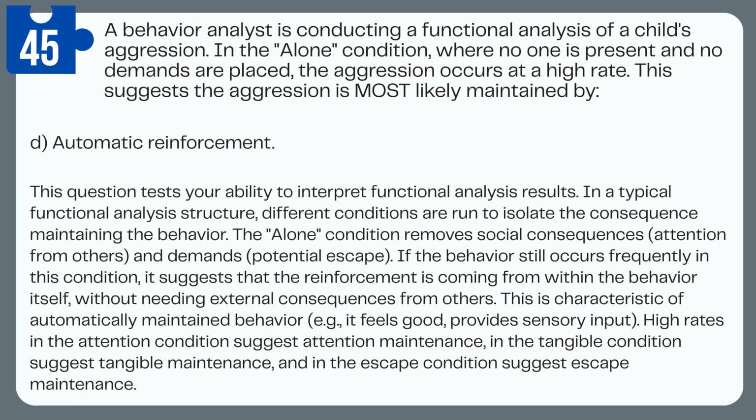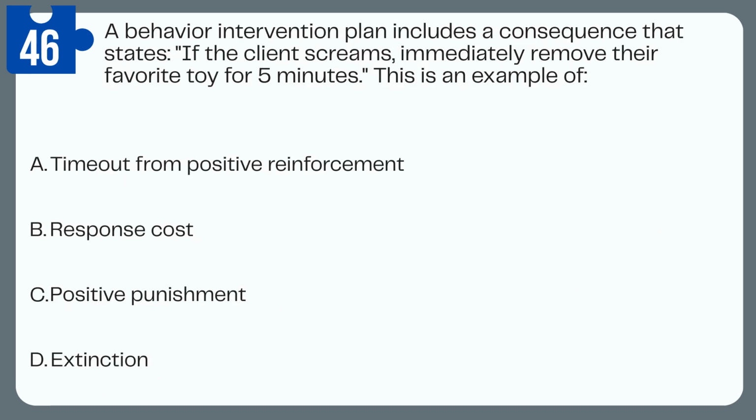If the behavior still occurs frequently in this condition, it suggests that the reinforcement is coming from within the behavior itself, without needing external consequences from others. This is characteristic of automatically maintained behavior. Example: it feels good, provides sensory input. High rates in the attention condition suggest attention maintenance, in the tangible condition suggest tangible maintenance, and in the escape condition suggest escape maintenance.